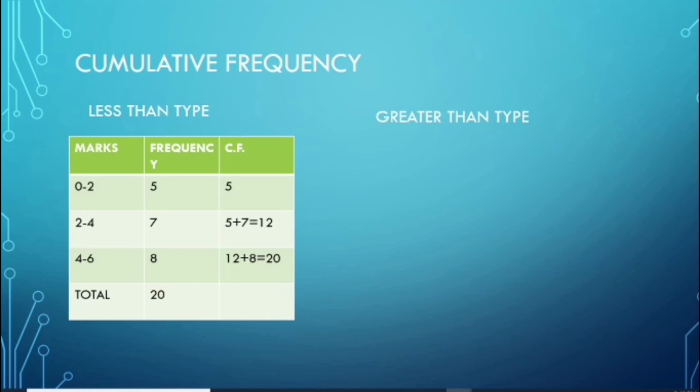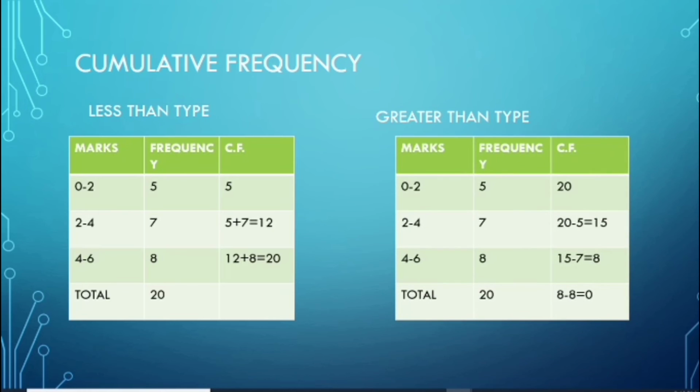Next is the greater than type. In this type, your question will be related to the lower limit. And unlike the previous one where you were asking how many less than, this time you'll be asking how many greater than. For example, consider the marks from 0 to 2, the first row.